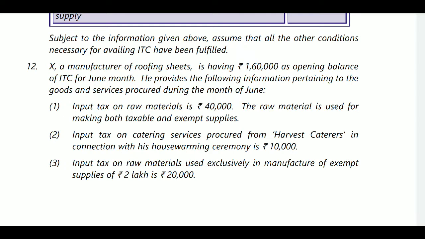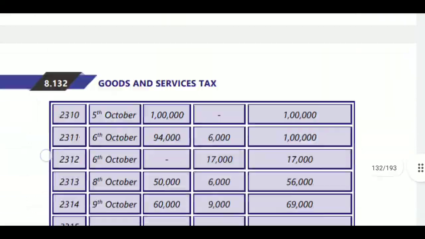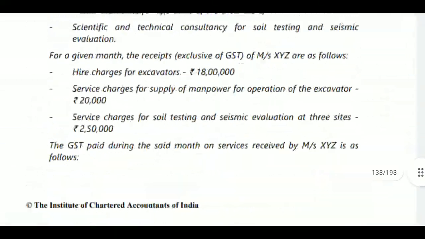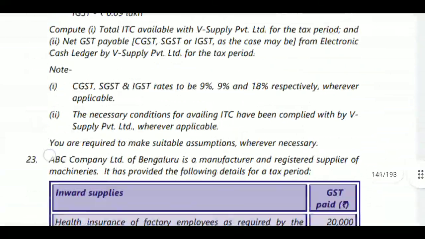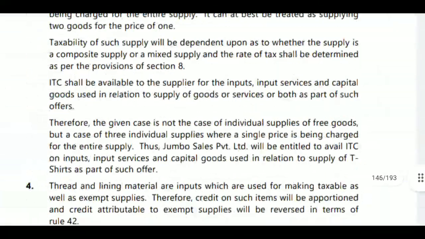It will be reduced by the 40,000 after deducting the amount to the extent of exempted turnover credit. Then you will get the net tax payable through the cash ledger. So let us see the answer. What is there in the 12th question answer?